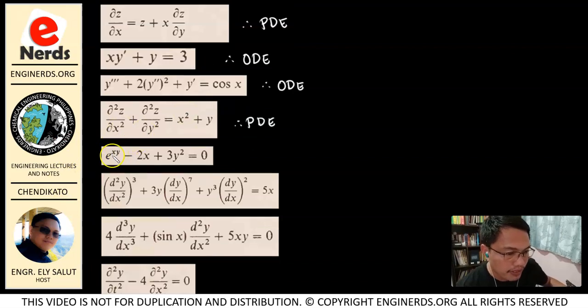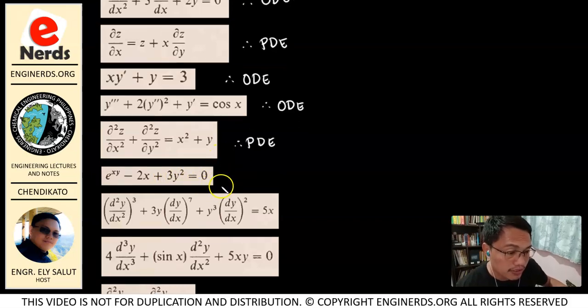Now, we have e to the xy minus 2x plus 3y squared is equal to 0. So, what is this? Is this an ordinary differential equation or a partial differential equation? I will give you time to think about it. Okay, so assuming you have thought about it, this is actually not an ordinary differential equation and also not a partial differential equation because this is not a differential equation.